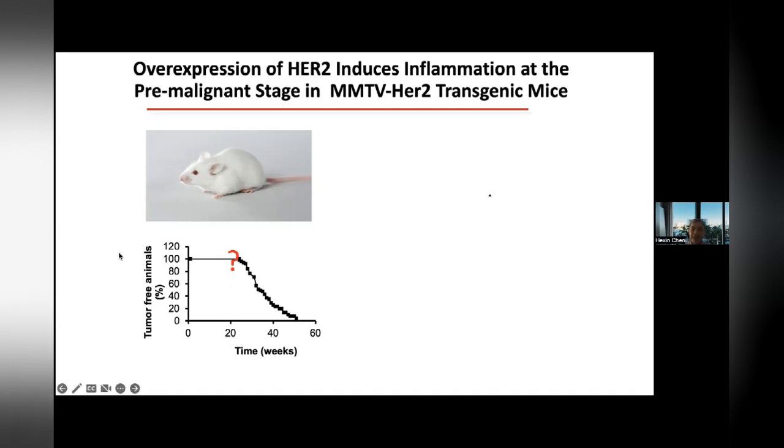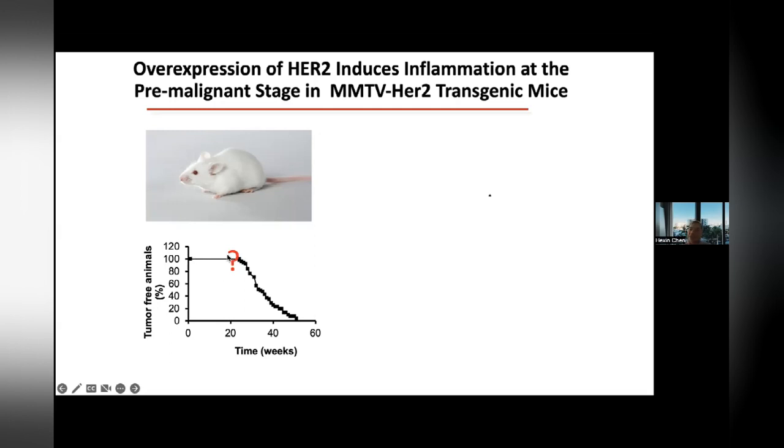Now, if you overexpress HER2 in vitro, in a petri dish, growing this overexpressed gene in normal cells, they never form tumor cells. But if you grow these mice, carrying the overexpression of HER2 in the mammary gland, these mice will develop tumors, but with a long latency.